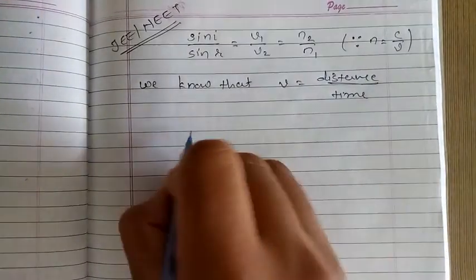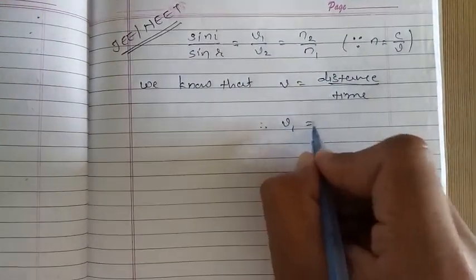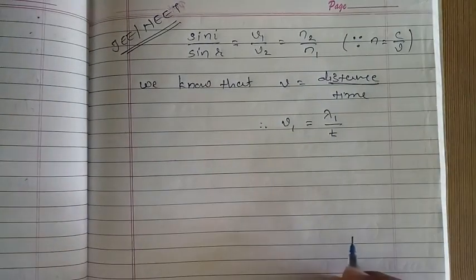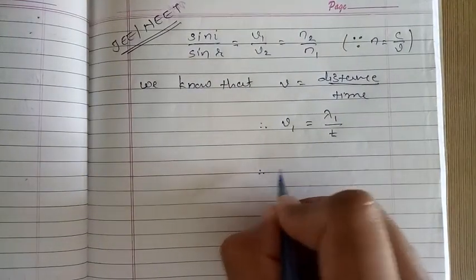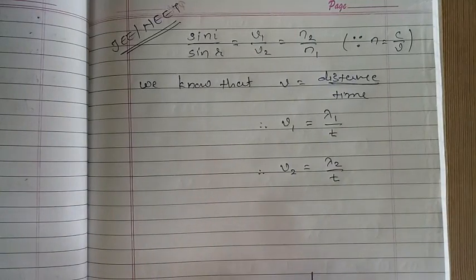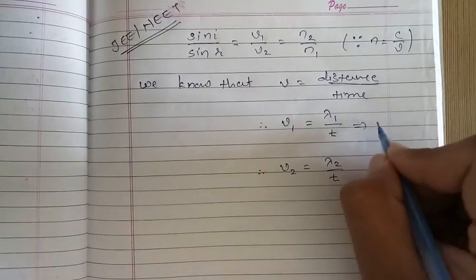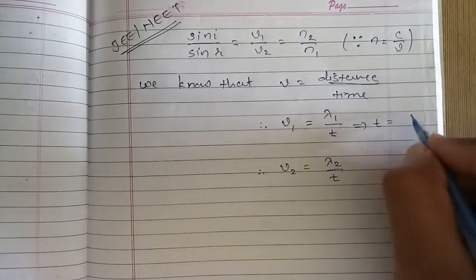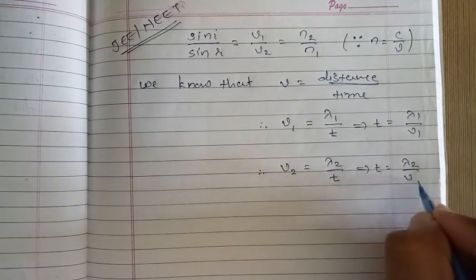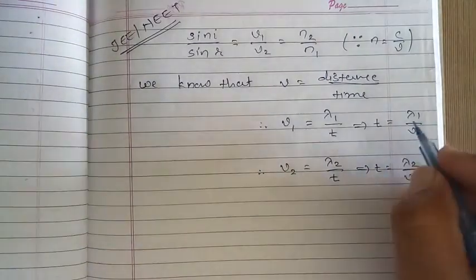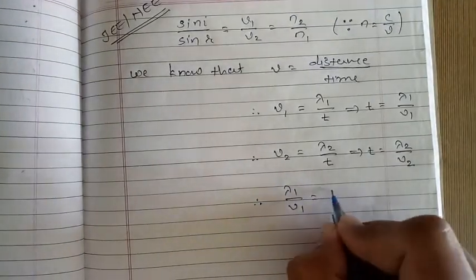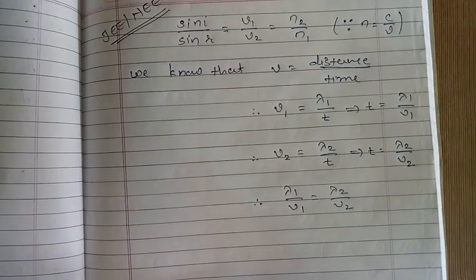So we can write for wave 1, V1 is equal to wavelength lambda 1 upon time t, and V2 is equal to lambda 2 upon time t. Here the time is the same, so time is equal to lambda 1 upon V1, and also equal to lambda 2 upon V2. Comparing these, we get lambda 1 upon V1 is equal to lambda 2 upon V2.